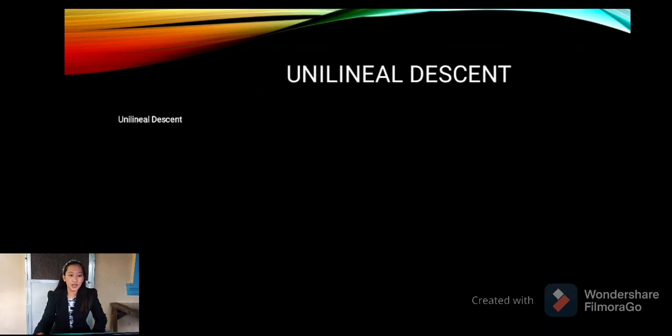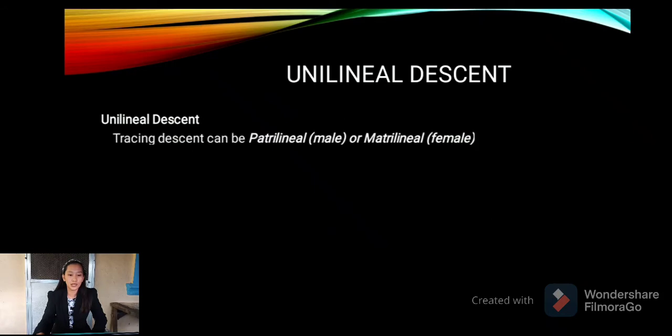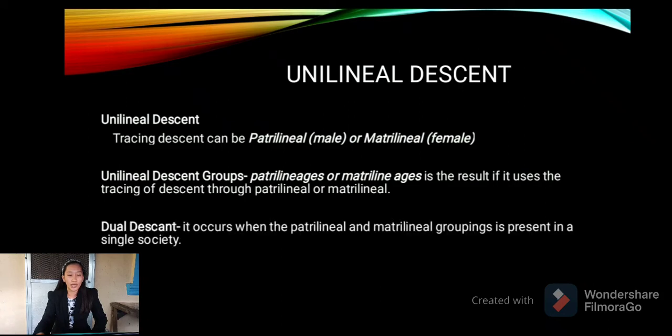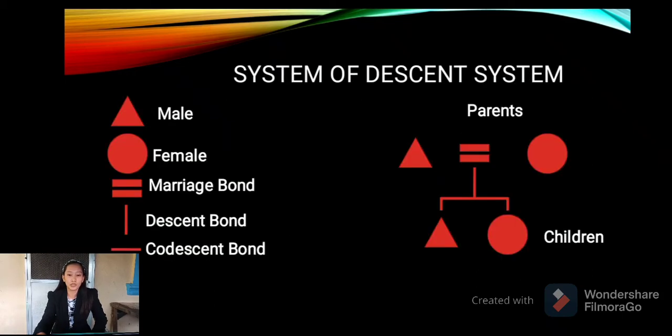Unilineal descent can be paternal, or male, or maternal, or female. Unilineal descent groups, patrilineage or matrilineage, result from tracing descent through the paternal or the maternal line, and dual descent occurs when paternal and maternal groups are present in a single society. So this is an example of a system of descent.